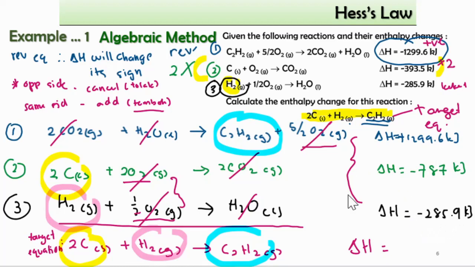Kamu akan dapat total here will be delta H. So kamu akan dapat value of positive 226.7 kilojoule. Since ini kita tahu dia adalah enthalpy of formation of C2H2, so kita kena tulis kilojoule per mole. Okay, so ini adalah your final answer untuk by using algebraic method.